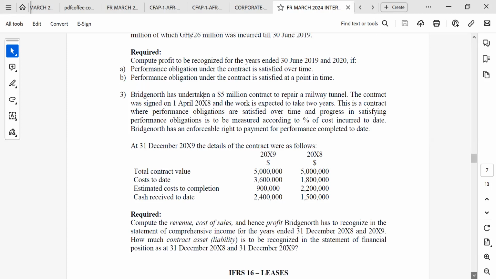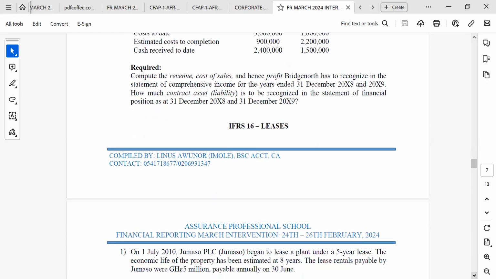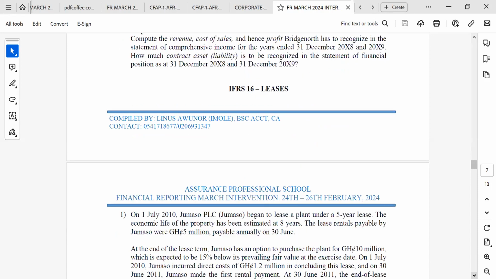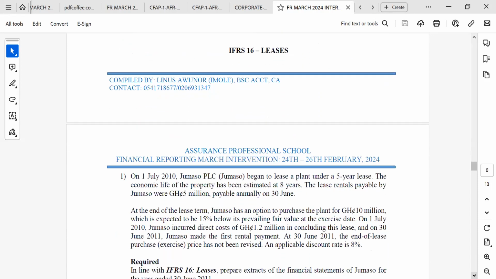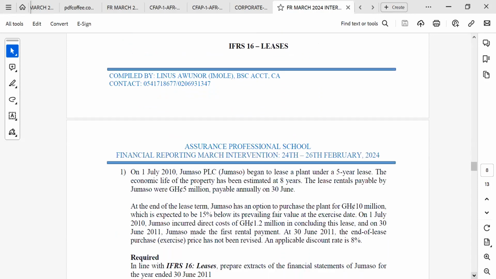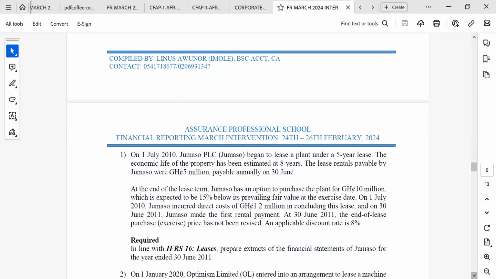You're welcome. So let's look at the leases now. I hope we are okay with this one, isn't it? Okay, yeah, I'm okay with this one. Let's look at the leases. I don't want to talk about the lease that much. Your own will not be complicated. You will not be seeing complicated issues in leases, but you can see sell and lease back because they have examined that one in the FR before.